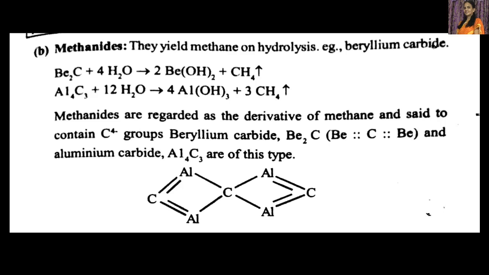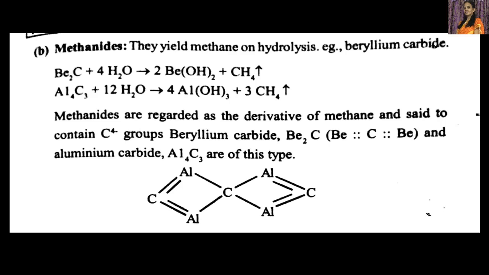These carbides are called methanides because they produce methane on hydrolysis. These are the hydrolysis reactions of beryllium carbide and aluminium carbide. Methanides are considered derivatives of methane, and are said to contain C4- groups.